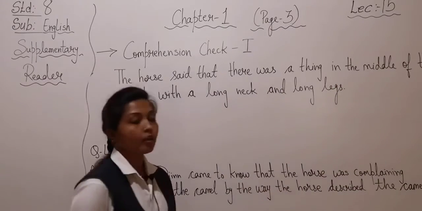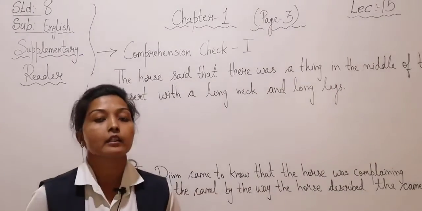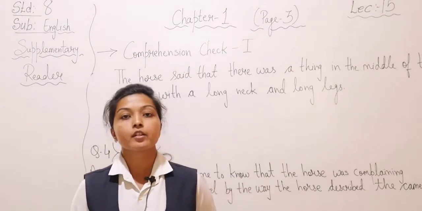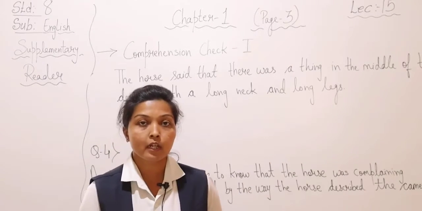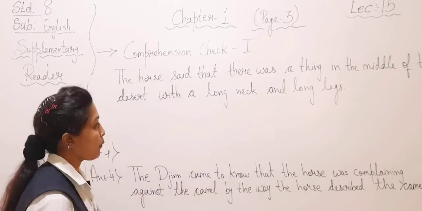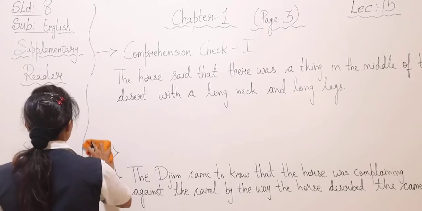So from the way the horse described the camel, the jinn came to know that the horse was complaining about the camel. Then next one.